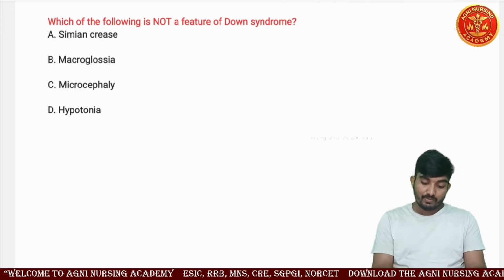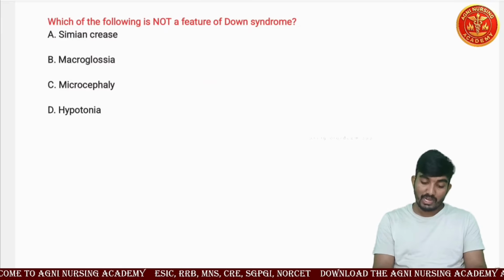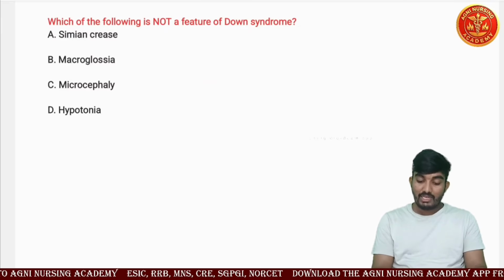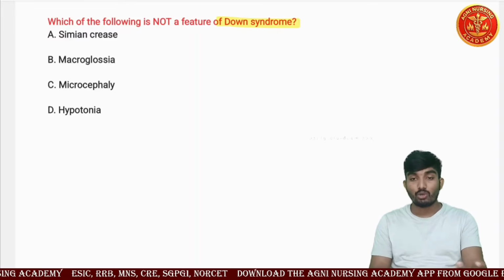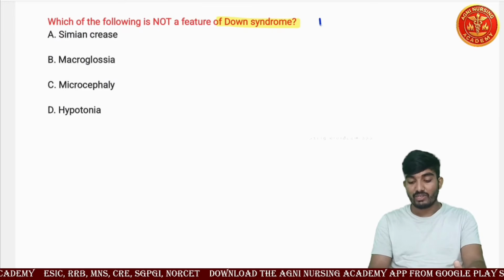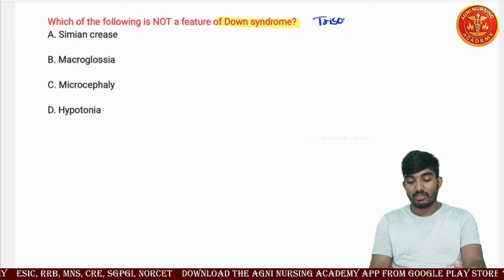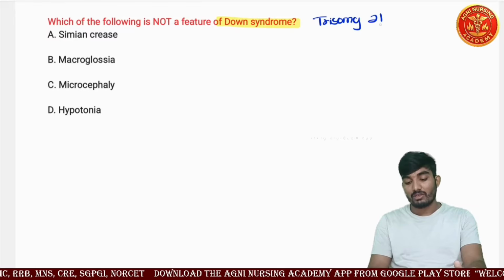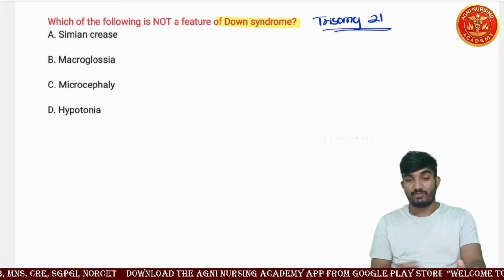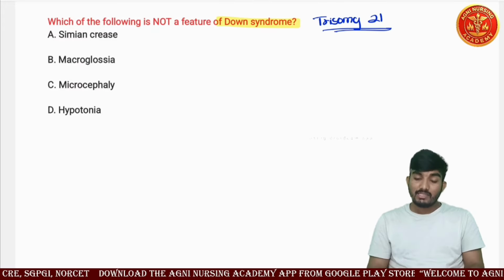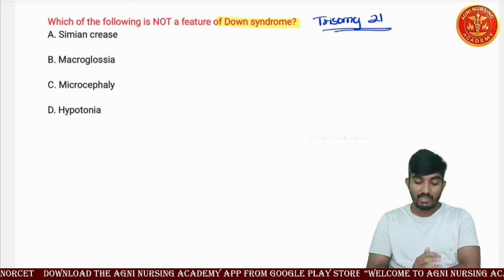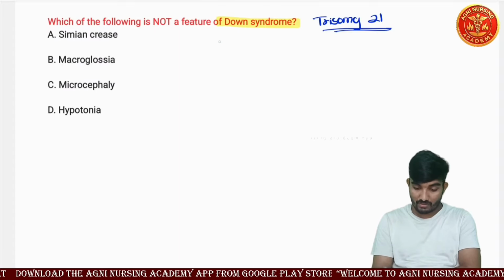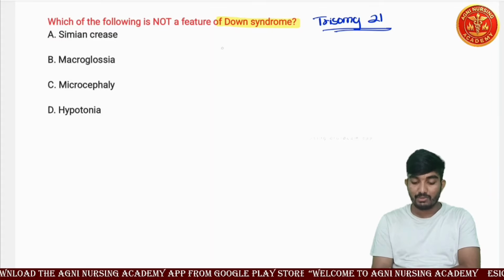Down syndrome is a chromosomal abnormality, trisomy 21, where an extra chromosome 21 is present. That's why we call it trisomy 21. Now we will discuss the clinical features present in Down syndrome.